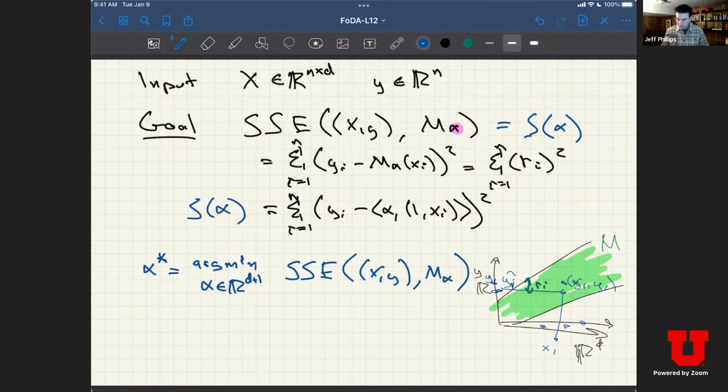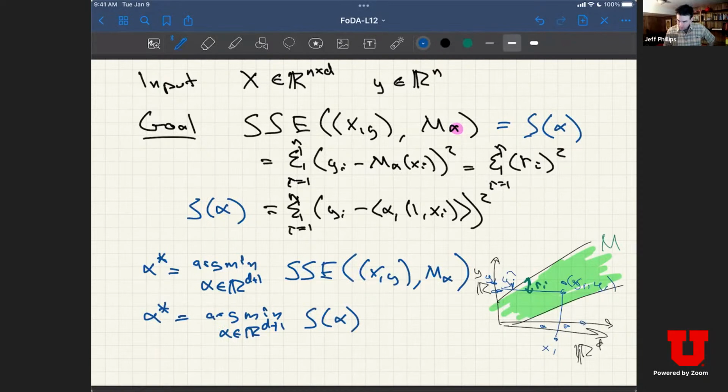So I want the minimizing (d+1)-dimensional vector for this function f_S of alpha, the score function. I want to minimize the score, or the cost. It's a function of alpha.